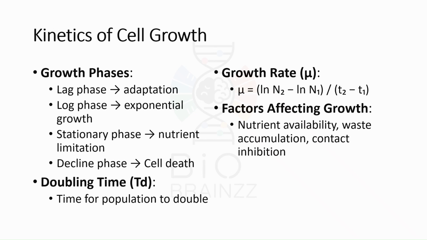Two important concepts are doubling time, the time taken to double the population, and growth rate. These depend on factors like nutrient availability and waste accumulation. Understanding the concept is very important for graph-based questions in exams.